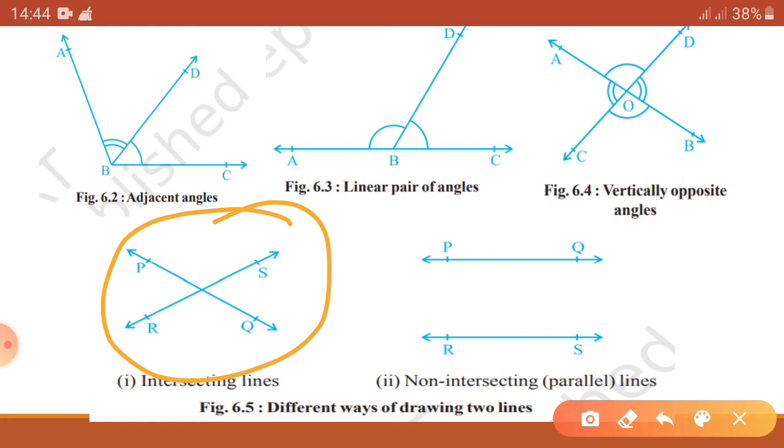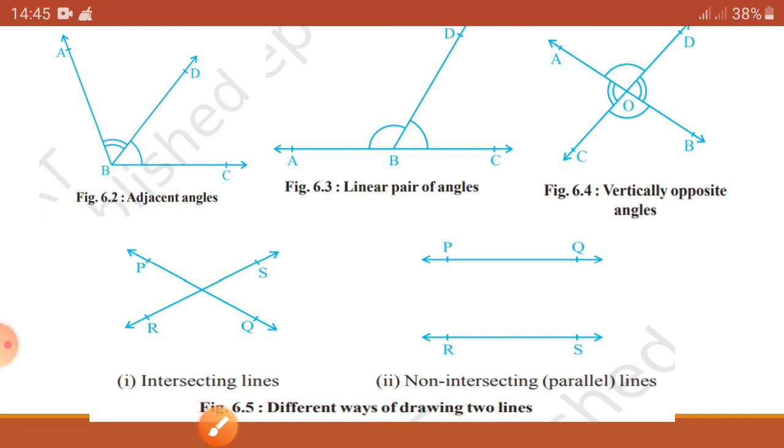But in figure 1, the lines PQ and RS are intersecting each other at the point O.